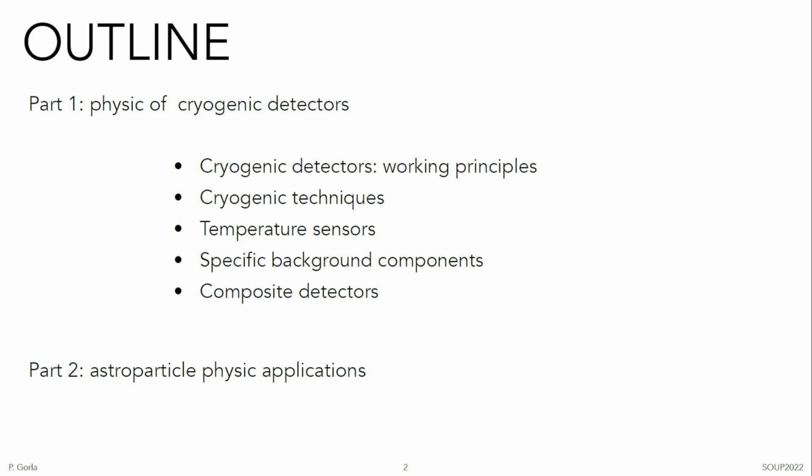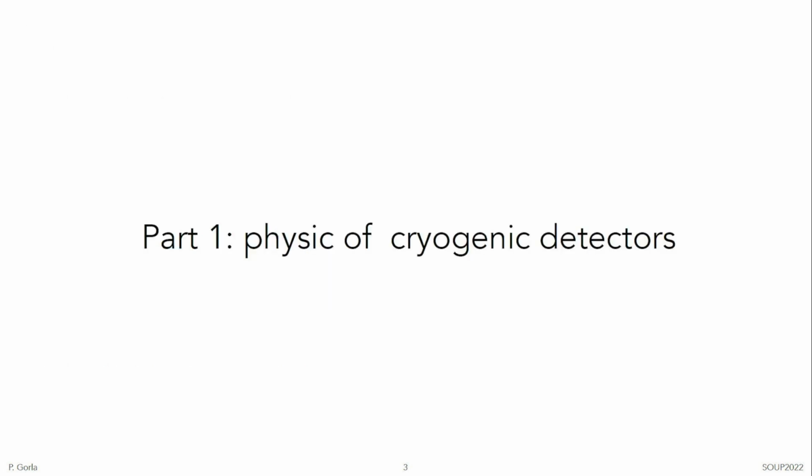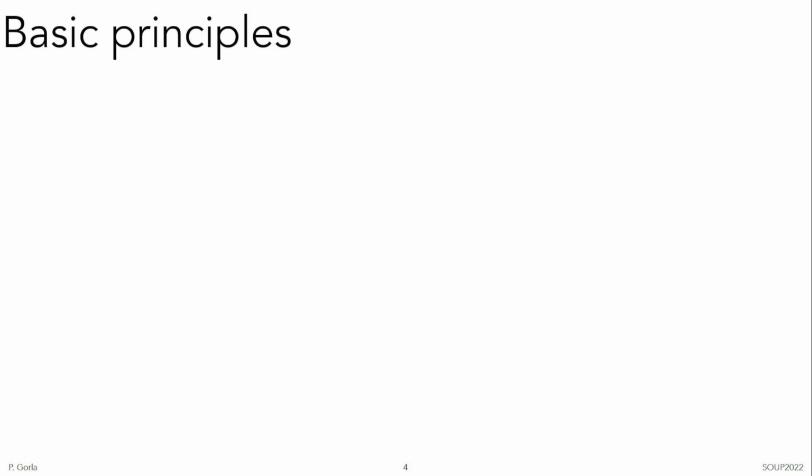So in the first part, which is the main part of the lecture, there will be the discussion of the working principle of the techniques and the sensor that are needed for this kind of detector and the specific background and features you can explore with this detector. So let's go through this one.